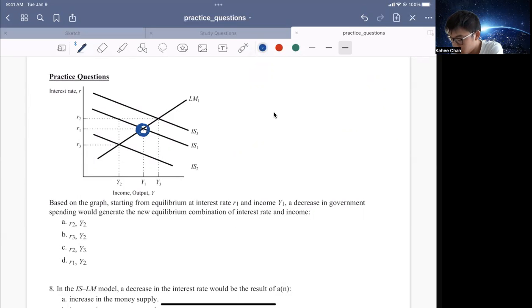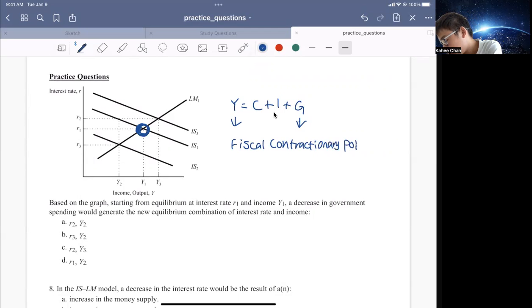So again, we're using Y equals C plus I plus G. When there's a decrease in government purchases, Y must decrease. So in this case, this is a contractionary fiscal policy.